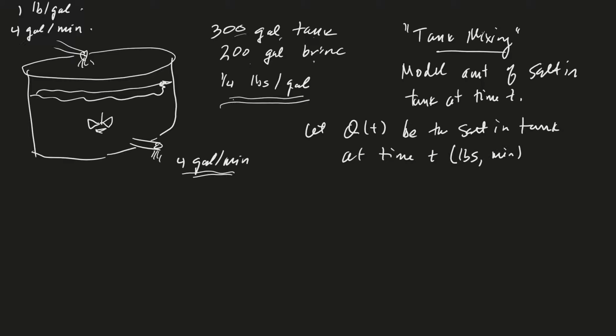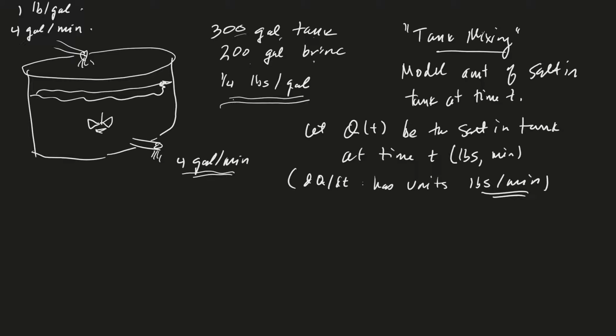Okay, and that's important because when we look at dQ over dt, the units will be pounds per minute, and this is going to be how we model. We want to check to make sure that our units are right. Finally, we want to model how the salt changes in the tank.